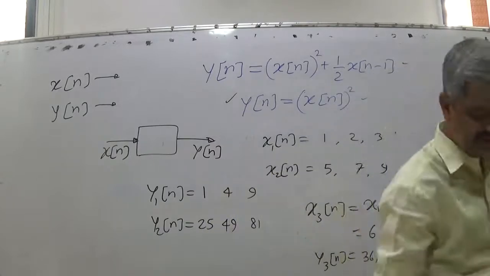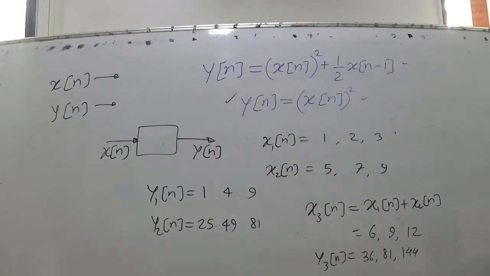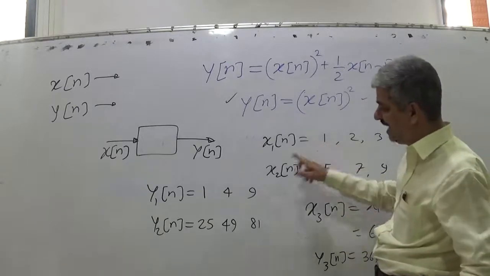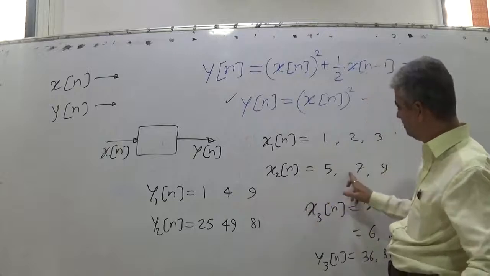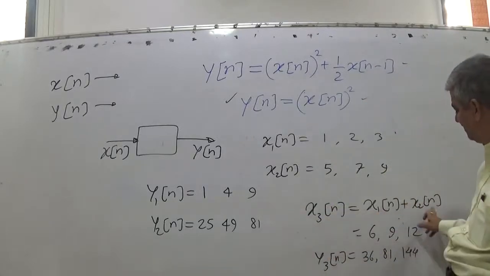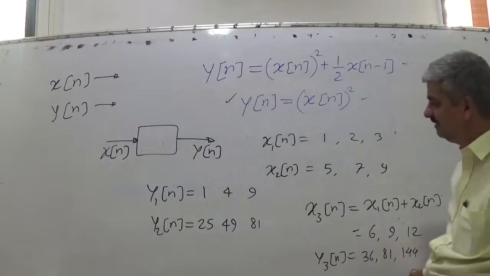Right, so listen very carefully. I am taking a very simple example to inform you about the non-linear nature of the system. When x1 is applied, I get y1[n]. When x2 is applied, I get y2[n]. When I apply x3[n], which is x1[n] plus x2[n], I get y3[n].